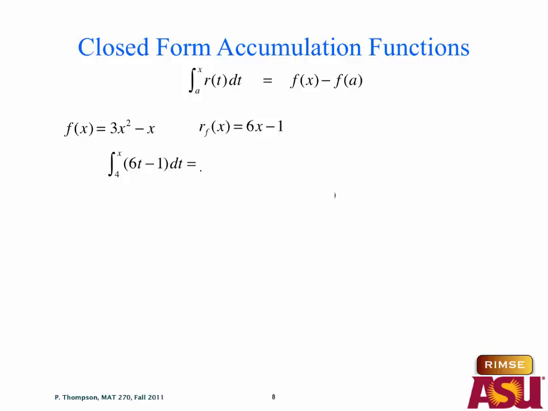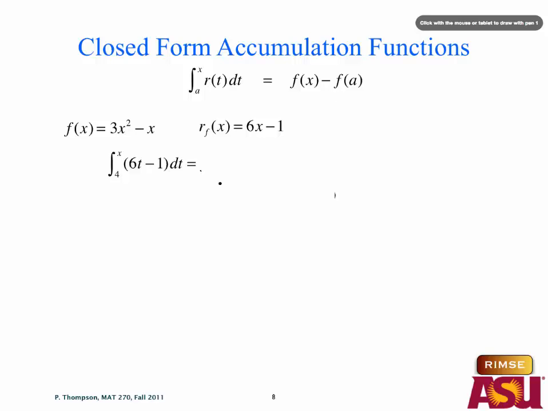We just have to apply this right here, that the total accumulation of little bits at this rate is the same as the total change from f at x minus f at a.